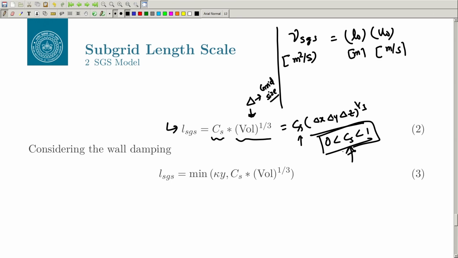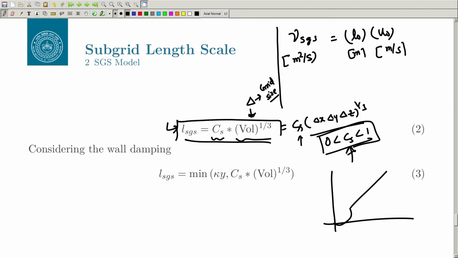Now, we found our length scale. But as we have done in the Prandtl mixing length model and the Van Driest mixing length model, we have a log layer. If you plot u plus versus y plus on a log scale, this is how it looks, and somewhere here is your log layer.